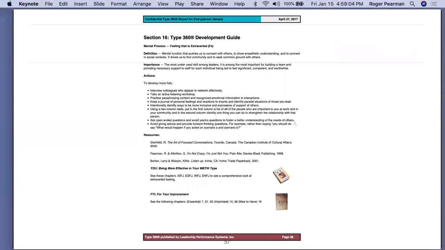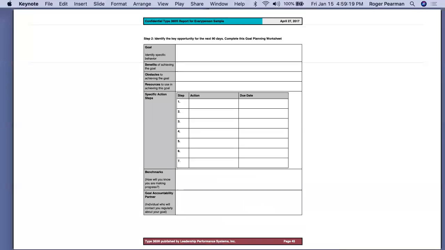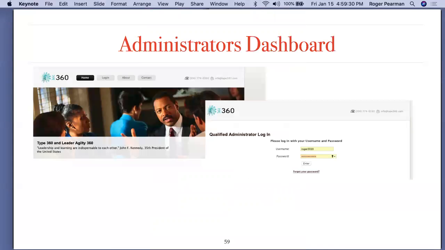There are development guides that are pointed to toward the end of the report to give guidance on if you want to work on, here's what you might do to develop that particular behavior in a more full way. We have a planning sheet that allows you to work with the individual to develop an action plan for something that they want to address, and it is in both reports. So both reports are organized the same way.